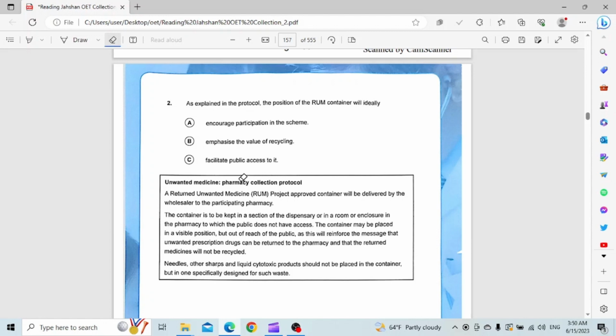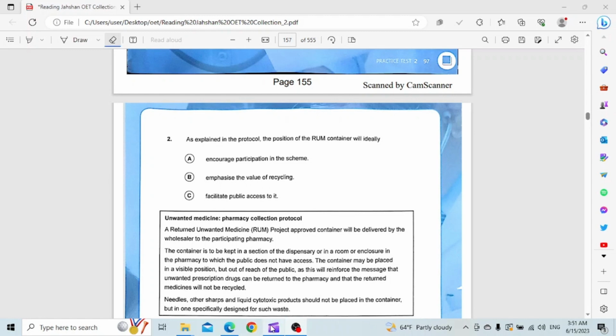Okay, so what is your prediction for the answer? If your answer is encourage participation in the scheme, this is the correct answer. This is one type of part B question, where the question is asking what the writer is pointing to.